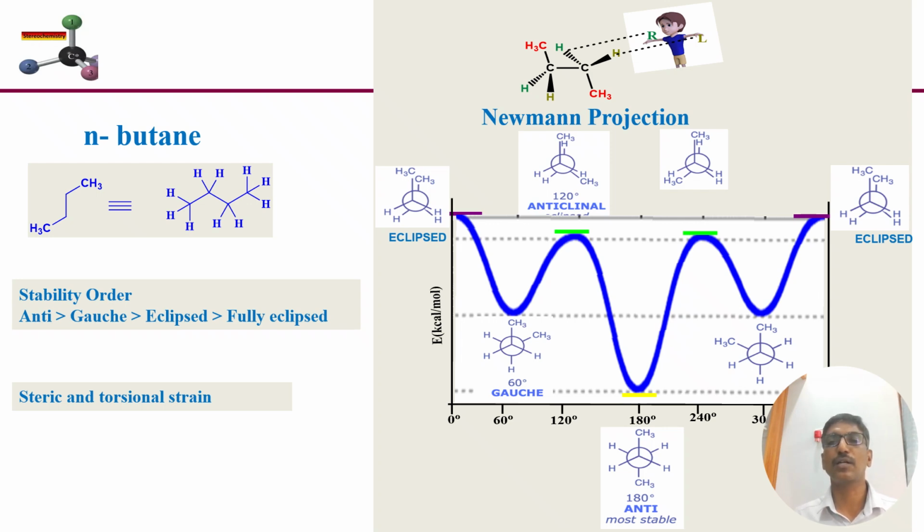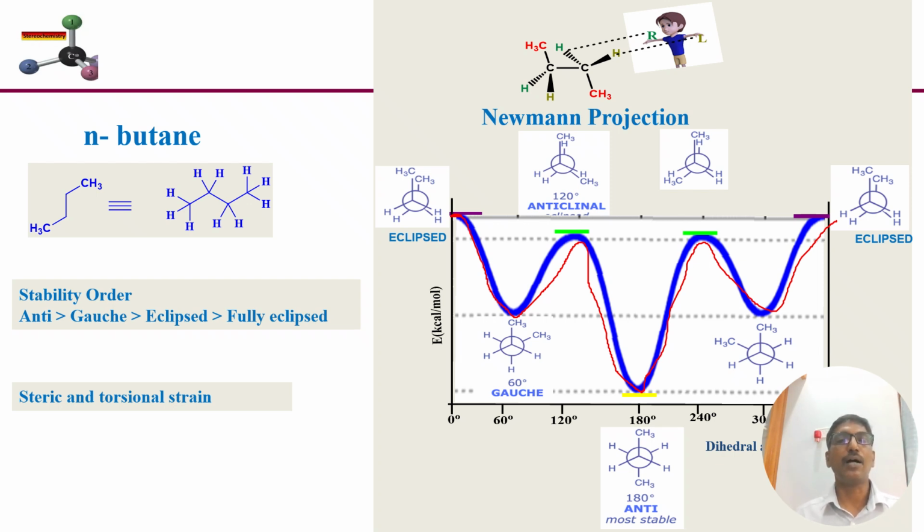It is an energy level diagram for n-butane. The highest energy is for a particular conformation, which is the eclipsed one, and then it comes down to another conformation, subsequently increasing, and again coming to the lowest level. It's a more stable conformation, and similarly one can anticipate going up and down and going up. This will be discussed in detail in the next slide.